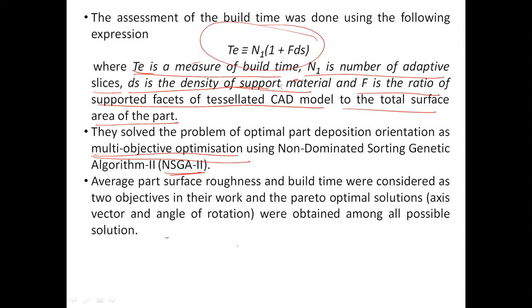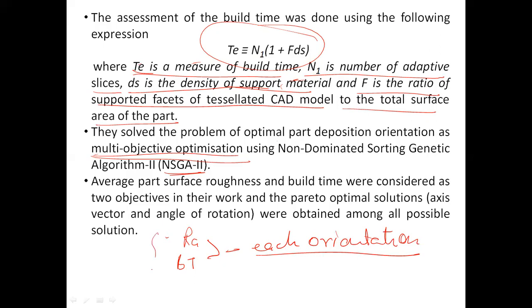Based on the algorithm that they had developed, they obtained different values of surface roughness and build time for each orientation, just like FAM did. For each orientation, you got these two values because of the two objective functions.